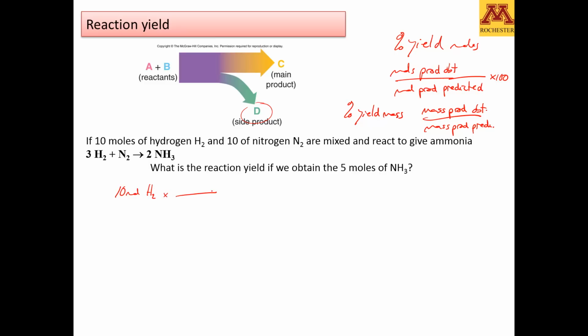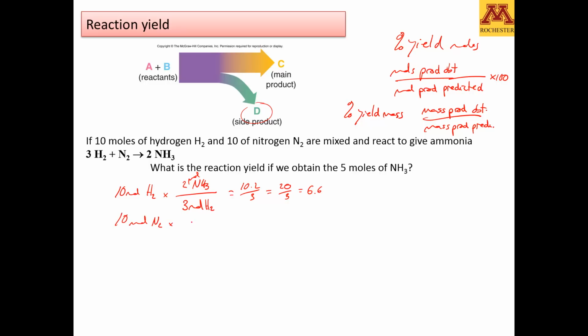The balanced reaction tells me that 3 moles of hydrogen react and give 2 moles of ammonia. So that's 10 times 2 divided by 3. That's 20 over 3, so that is 6.6.